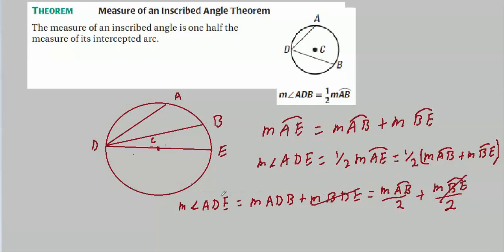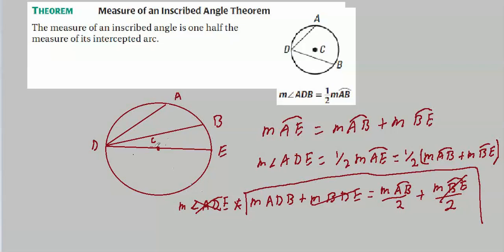Well, this we have to cross out because this is no longer true. The equality doesn't hold anymore because we've subtracted these two. Just look at this part. And what do we have left? The measure of ADB equals 1/2 the measure of the arc AB. That's the last case of this. So in every single case, it works.